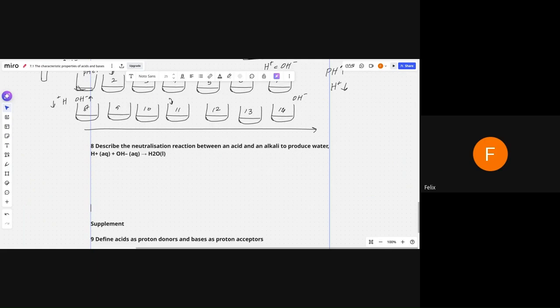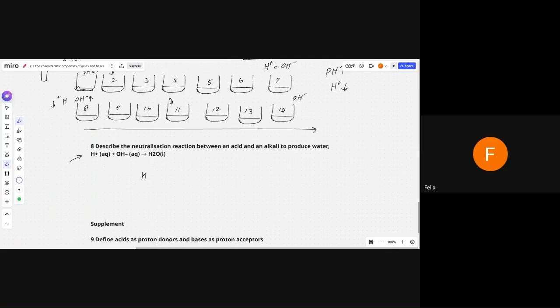So we have talked about it before, that whenever an acid reacts with a base, it is called a neutralization reaction, and salt and water are produced. So that is the equation. This is very important. You will often be asked to write down this reaction.